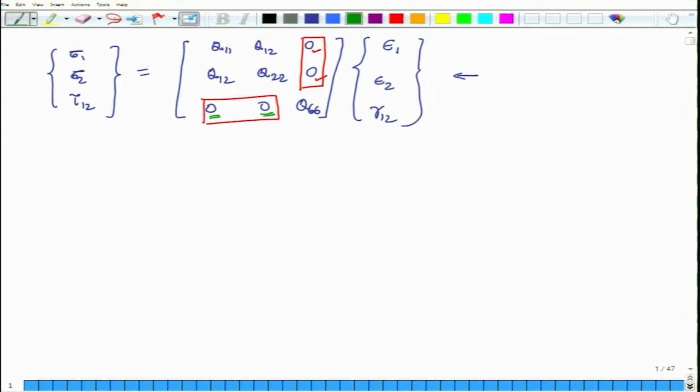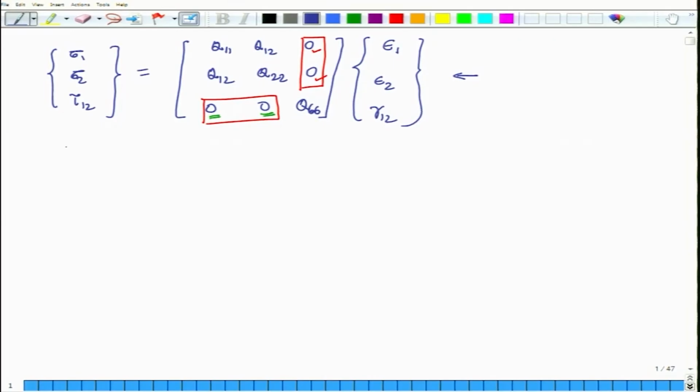So, that is there. We had also shown the relationship between Q11, Q12, Q22 and Q66 and the elements of the C matrix, which was defined earlier, in the following way.